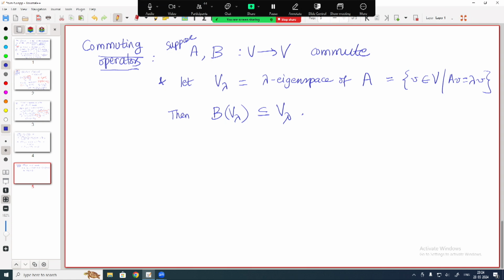What one might actually like to have, but it is not true, is the following: if A and B commute, and if W is A invariant, then it is also B invariant. This is a bit too much to expect, so one can try and find some counter examples, but eigenspaces are somehow special.